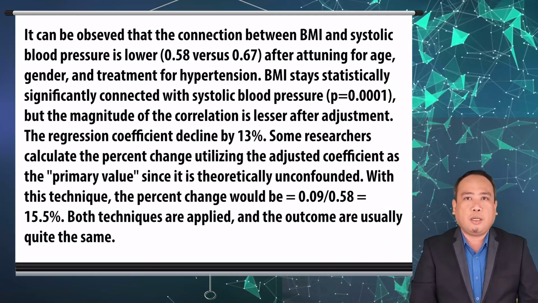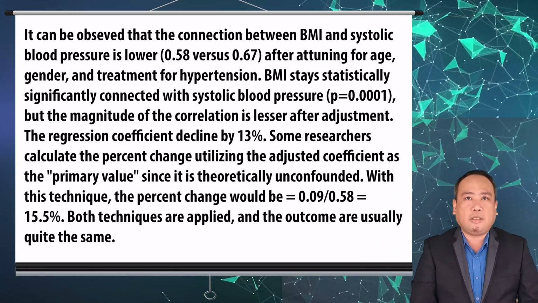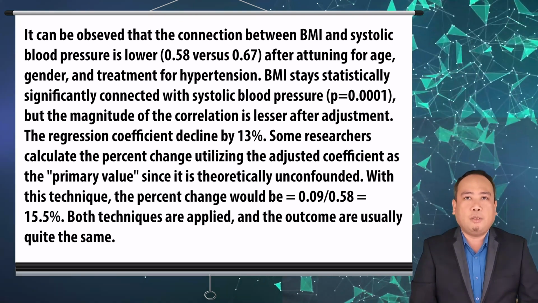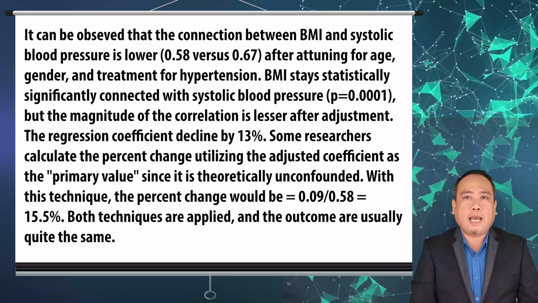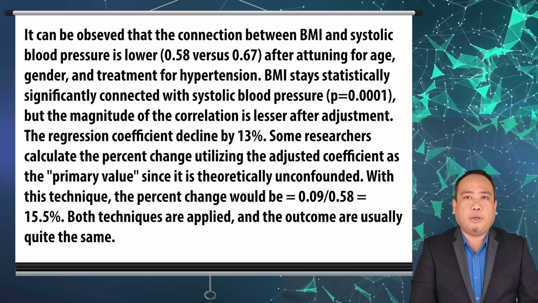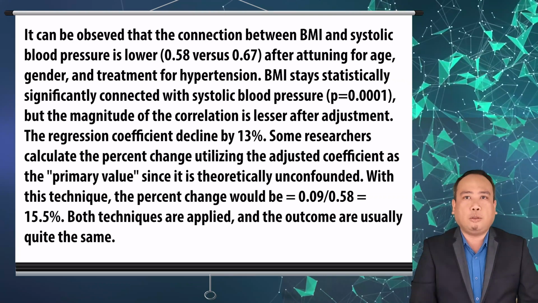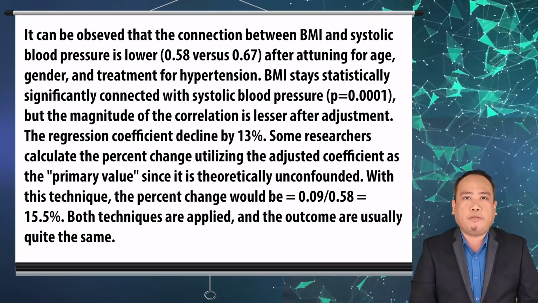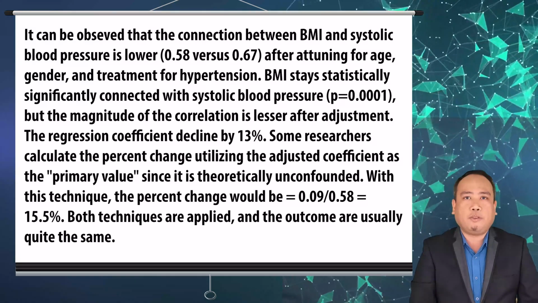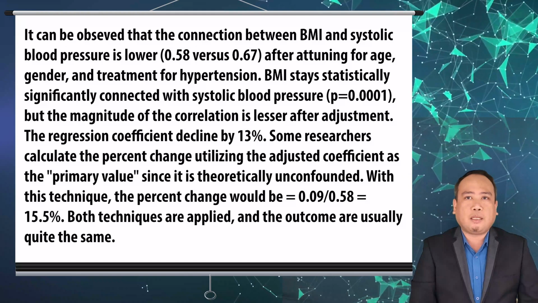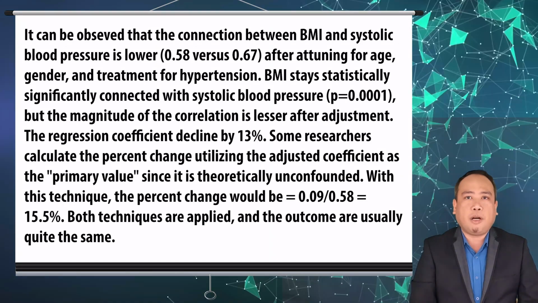Some researchers calculate the percent change utilizing the adjusted coefficient as the primary value since it is theoretically unconfounded. With this technique, the percent change would be equal to 0.09 divided by 0.58, which is equal to 15.5%. Both techniques are applied and the outcomes are usually quite the same.